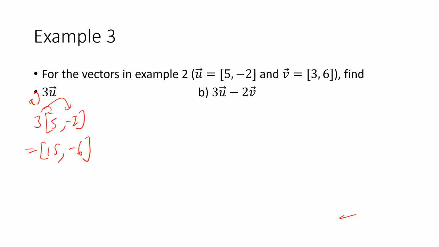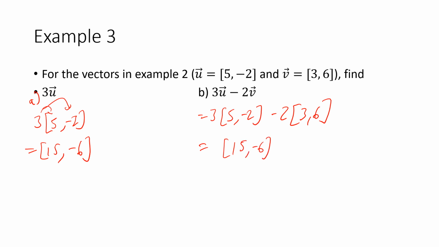For b, okay, we got 3u minus 2v. So that's 3 times 5 and -2 minus 2 times 3 and 6. And we already established what 3u was in A. So 15 and -6 minus, we can distribute this here, 2 times 3 and 2 times 6.